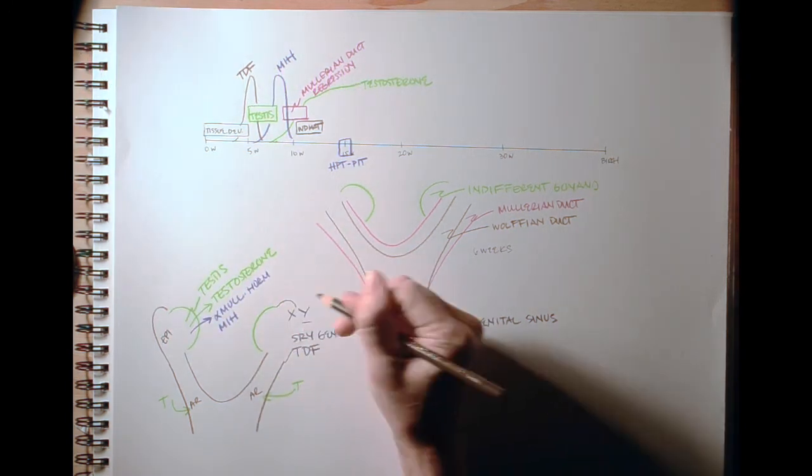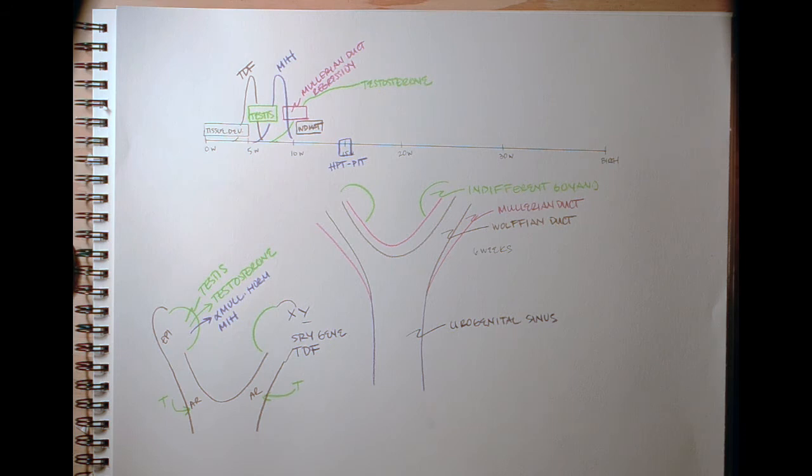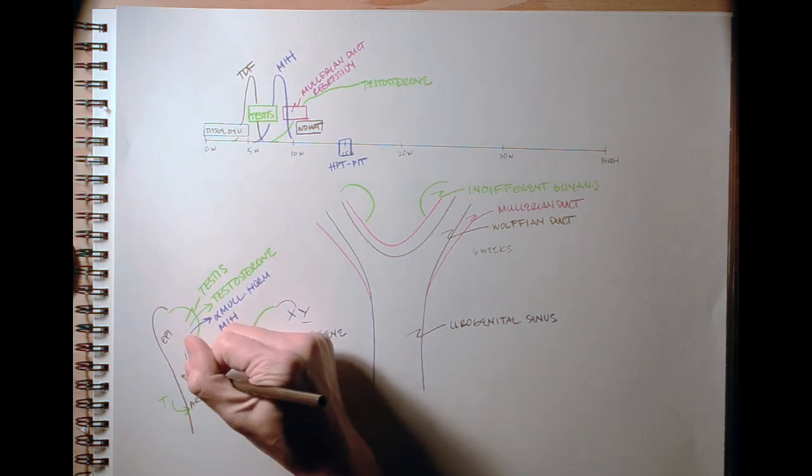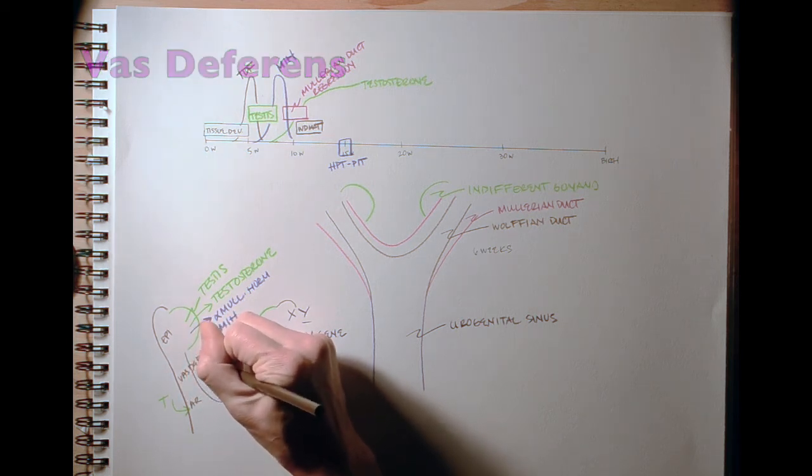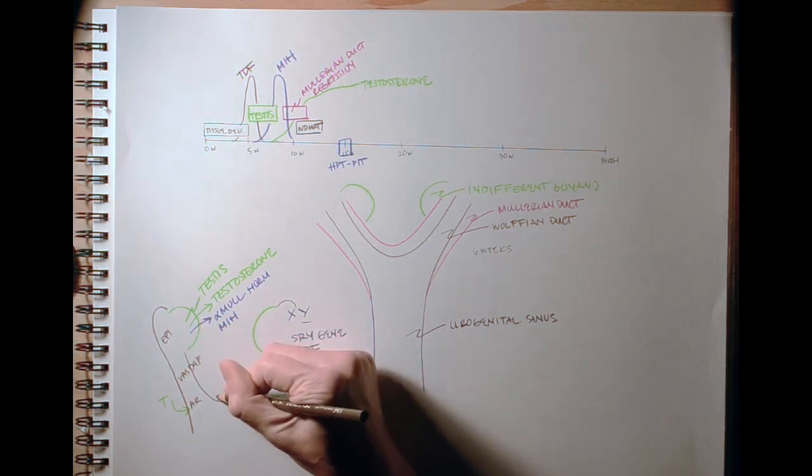which will surround both of these testes. It's going to induce the maturation of the Wolffian duct into the vas deferens. And we'll see appearance of the seminal vesicles.